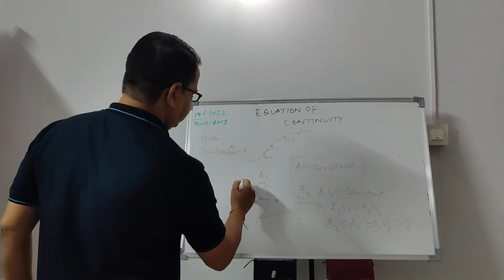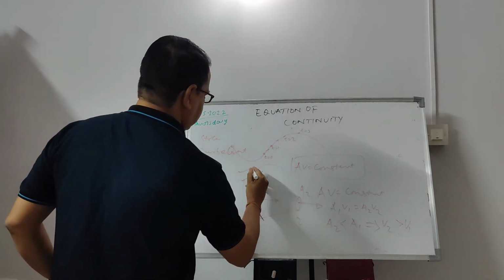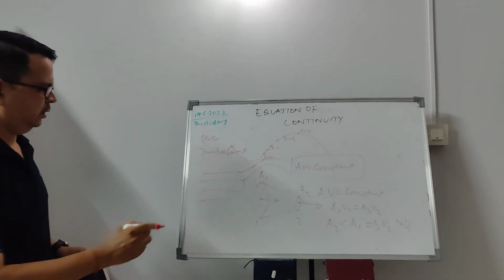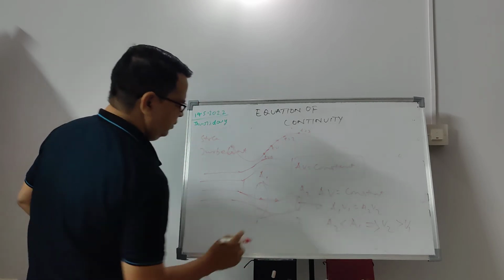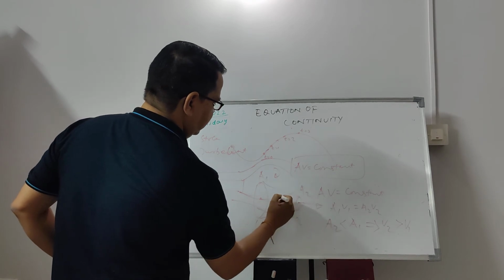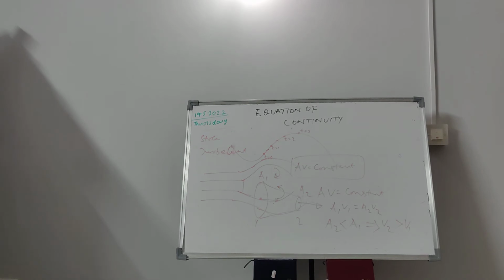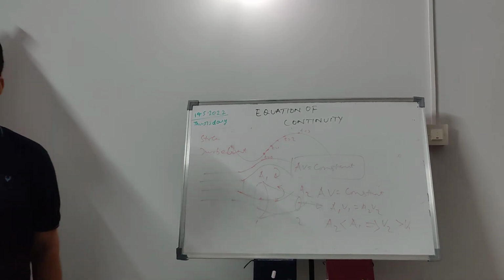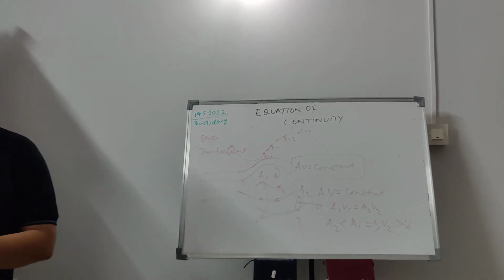There will be intermixing of liquid, and it can even flow in the backward direction, like this. So when air is flowing and you put a body in front of it, the flow will all of a sudden become turbulent at that point.